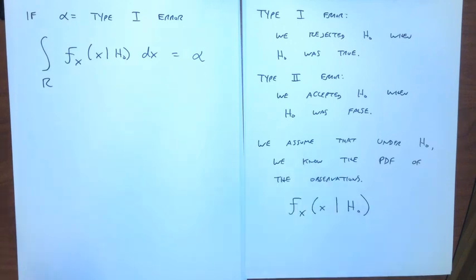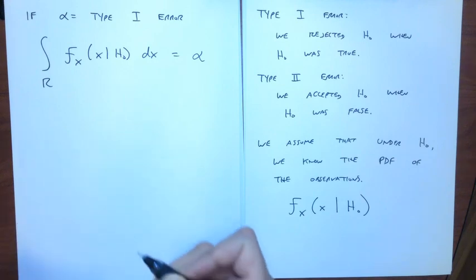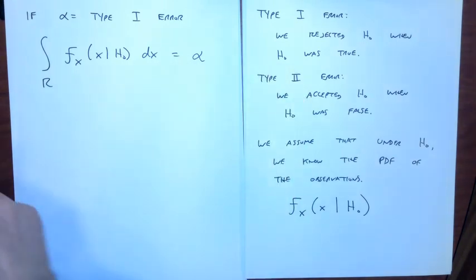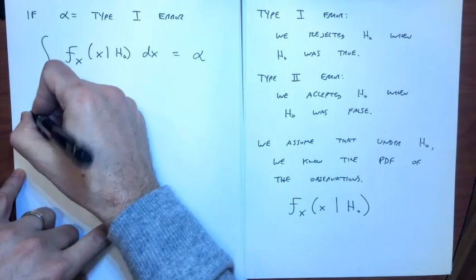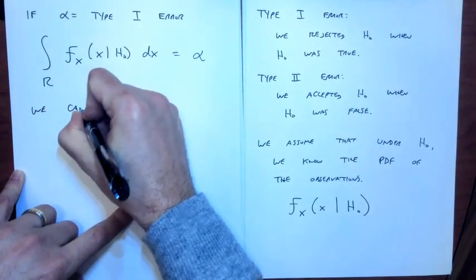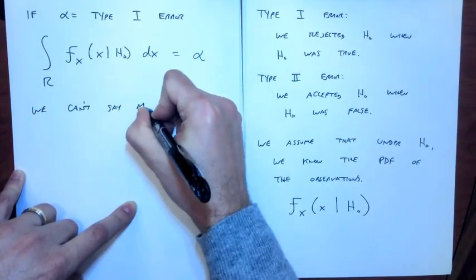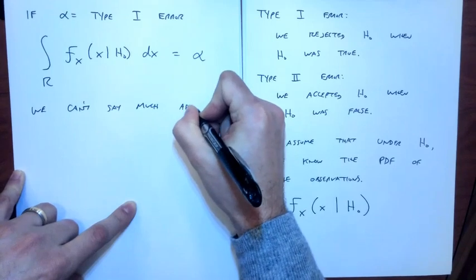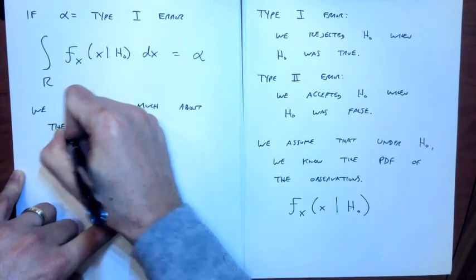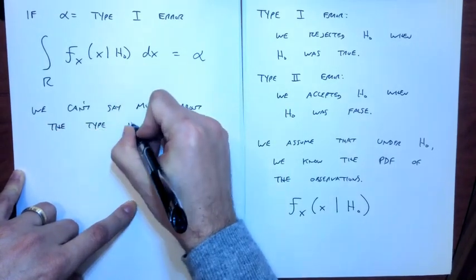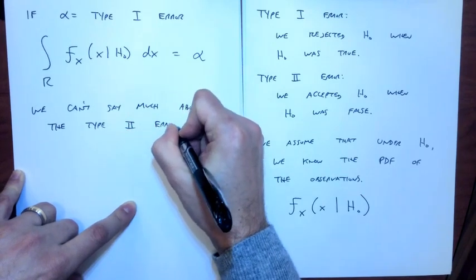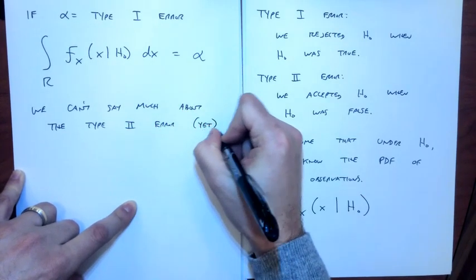We'll talk about that in the second part of the lecture, what happens when I can do a better job of characterizing H1. But for the moment, let's just assume that all we can do is talk about the type 1 error. So we can't really say much about the type 2 error yet. All right, so that's coming up.